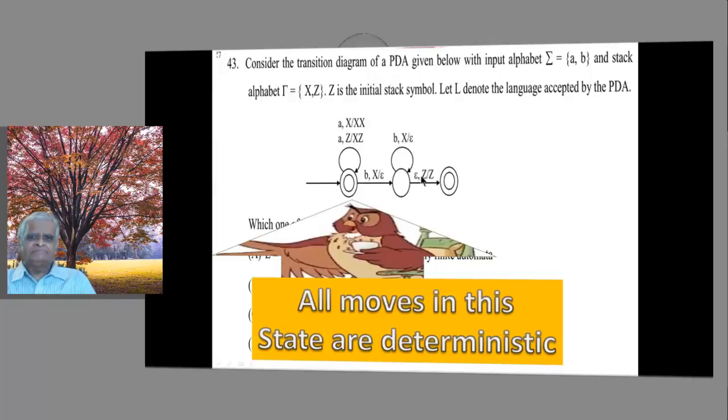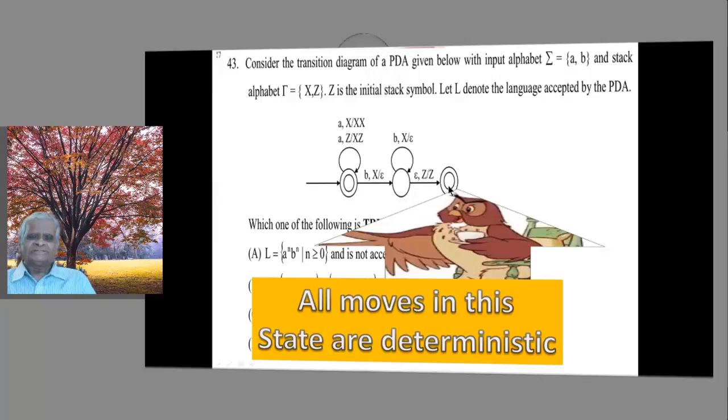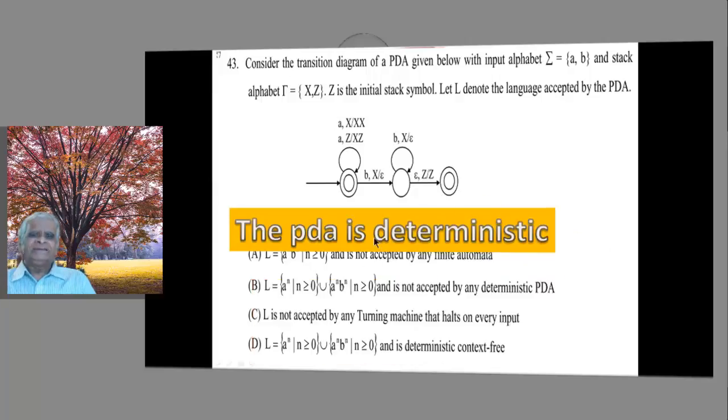Epsilon on Z remains in Z. In this state, there is no choice between an epsilon move and a true symbol. So this machine is very much a deterministic push-down automata. All moves in this state are deterministic. All moves in this state are deterministic. All moves in this state are deterministic. The PDA is deterministic.